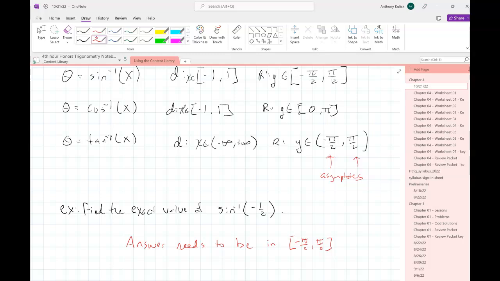So whatever that answer is, it needs to be between -pi over 2 and positive pi over 2.